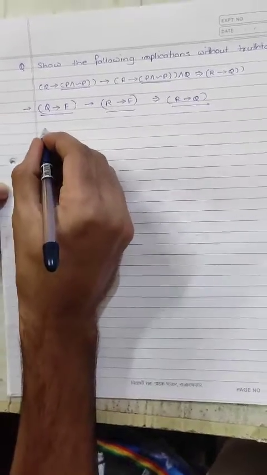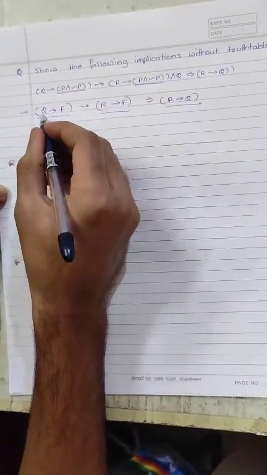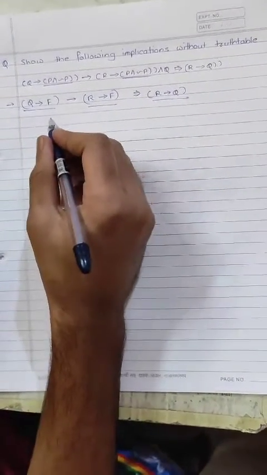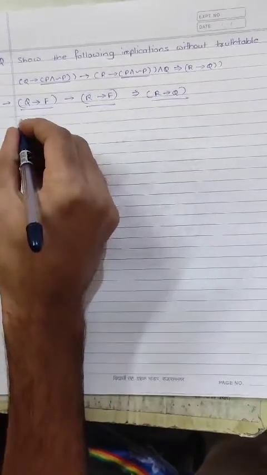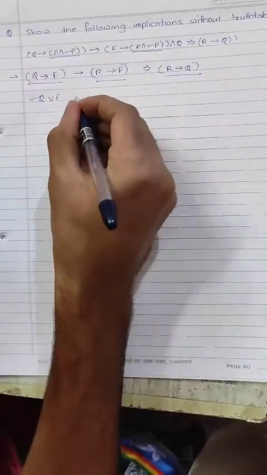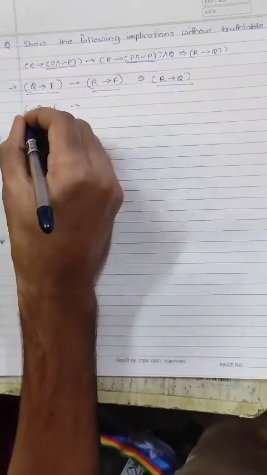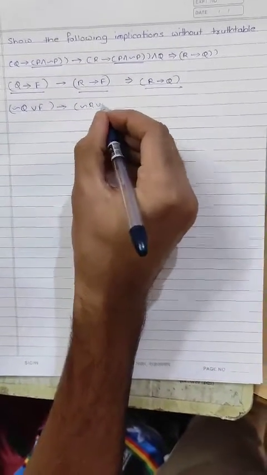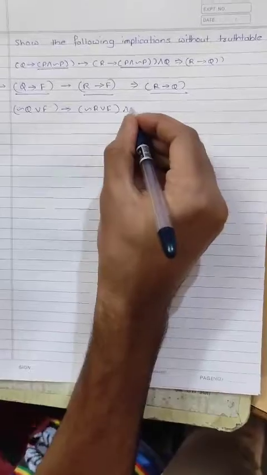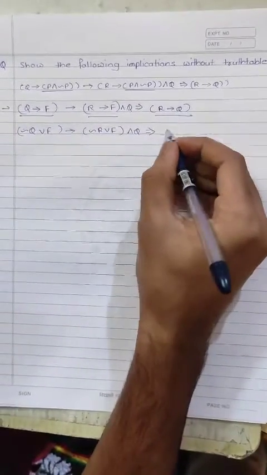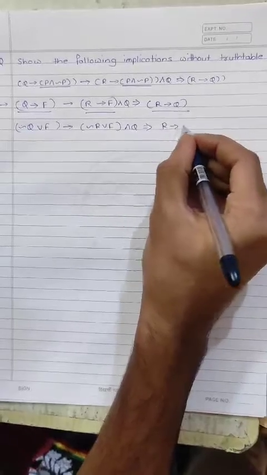Implication: the simple form of A implies B is negation A or B. So here this will be negation Q or F implies negation R or F and Q. Oh, here we forgot to write Q, and here R implies Q.